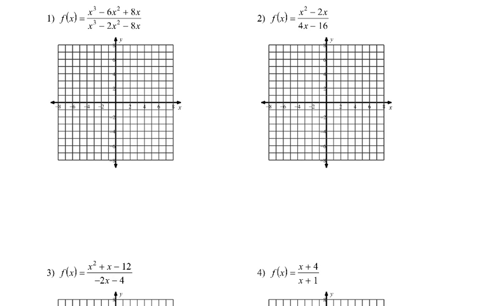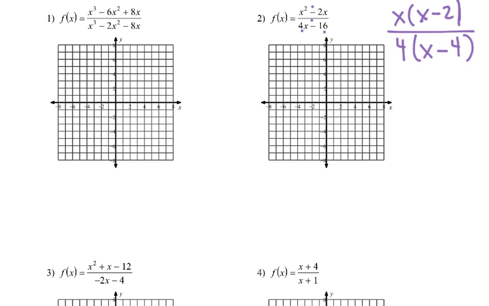Okay, so higher on the top than on the bottom. Okay, that sucks. But let's simplify. We would get x times x minus 2. And then this one we can divide by 4. So we'd have 4 times x minus 4.